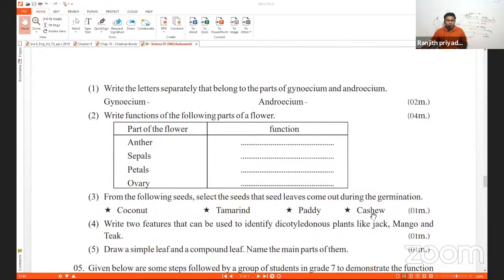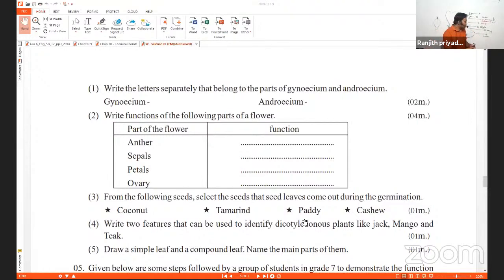So what comes out first? The root. In them, the root is what comes out first, and there's a taproot system. Coconut and paddy are the same. First, what comes out is the root. And in tamarind and cashew, then what comes out?